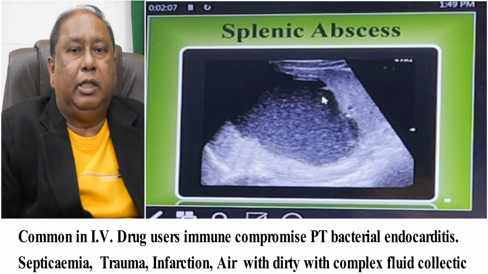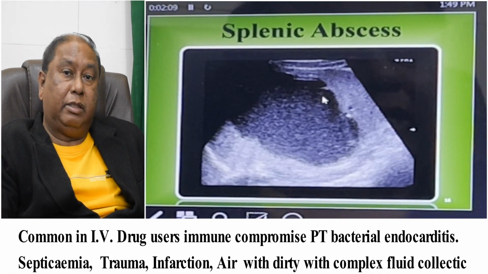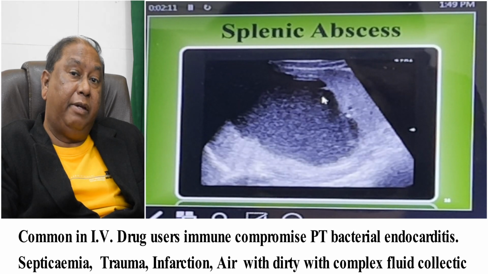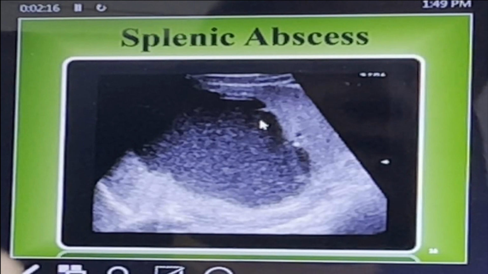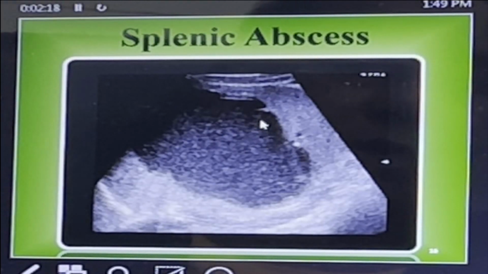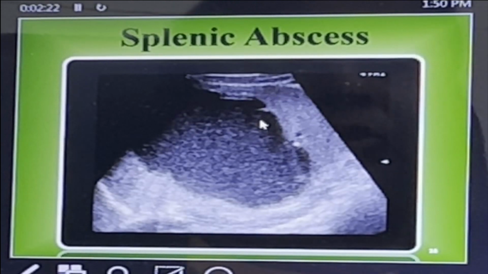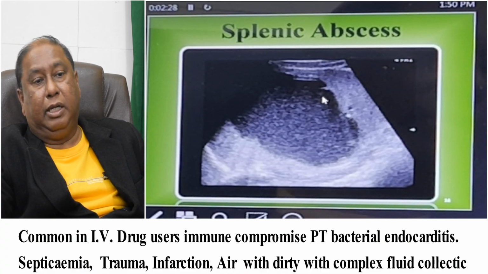Now come to the splenic abscess. Commonly, splenic abscess occurs in IV drug users, when immunity is compromised, and in patients of pulmonary tuberculosis and bacterial endocarditis.